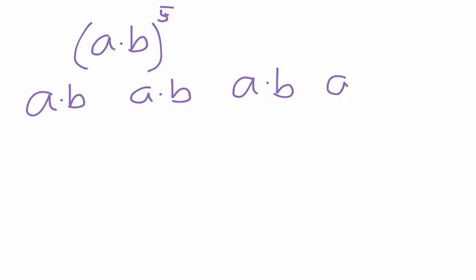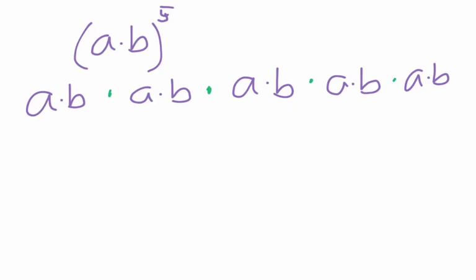Let's say a times b to the fifth. So what does that mean? It means a times b, and then a second a times b, and then a third a times b, and then a fourth a times b, and then a fifth a times b, and all those a times b's are factors. And again, what's really critical to this property is that all of this has to be multiplication all the way across.